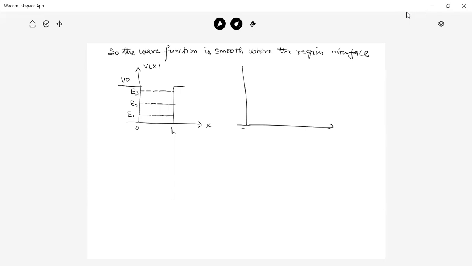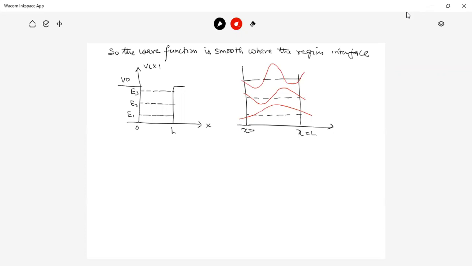This is X is equal to 0, here X is equal to L. Then this one is the wave function.